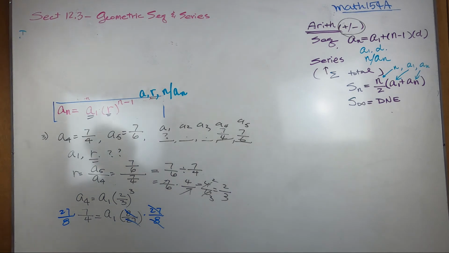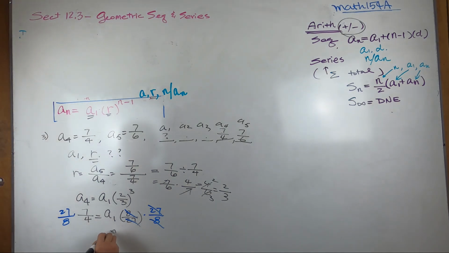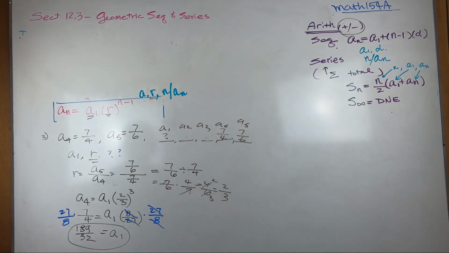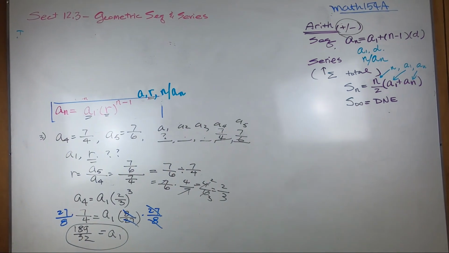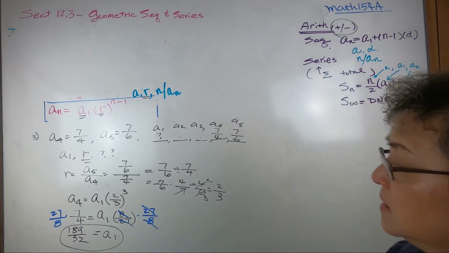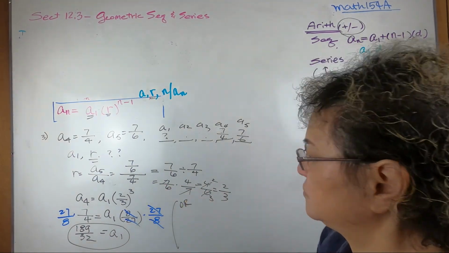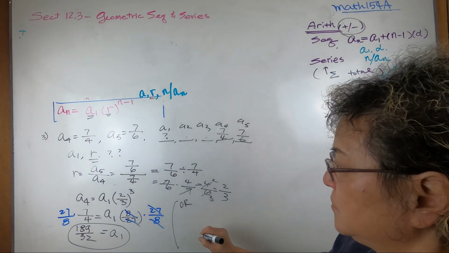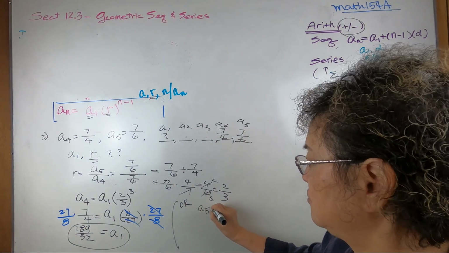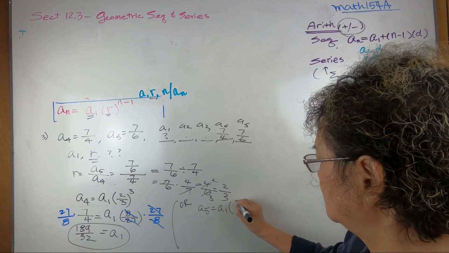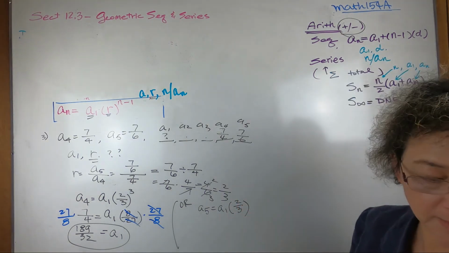So that would be A1 is, multiply together, 189 over 32. You only need one of the numbers, A4 or A5, okay? Or we can do it this way. Say A5 equals what? A1 times 2/3 to the how many powers?